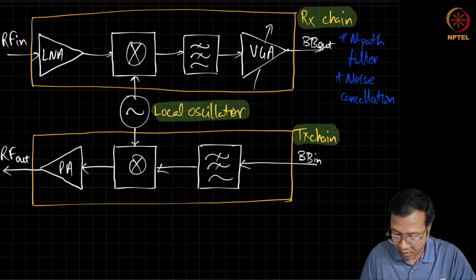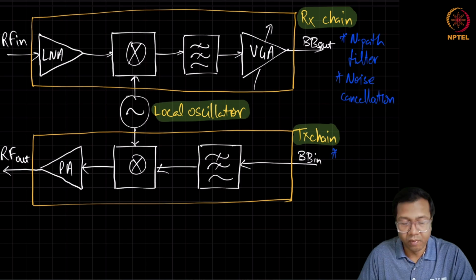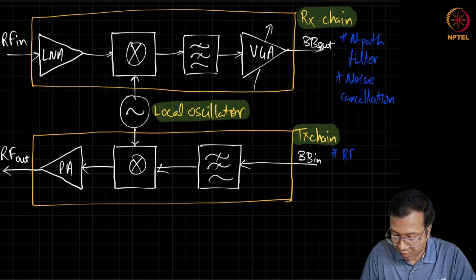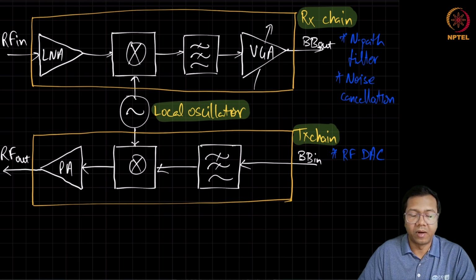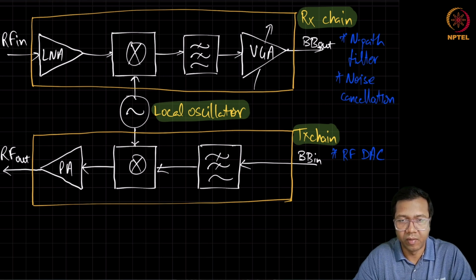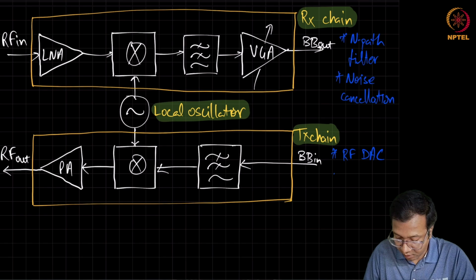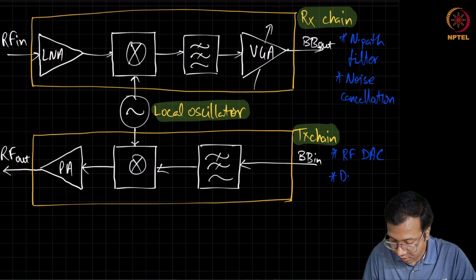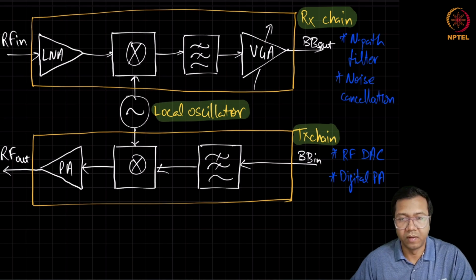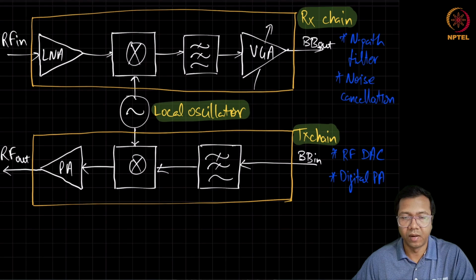So in the transmitter design also, we will try to look into some latest trends. There is a trend of using an RF DAC to directly generate an RF signal from a digital input. Then there is a concept of digital PA, which is also similar to the RF DAC, taking a digital input and generating a high frequency, high power signal.